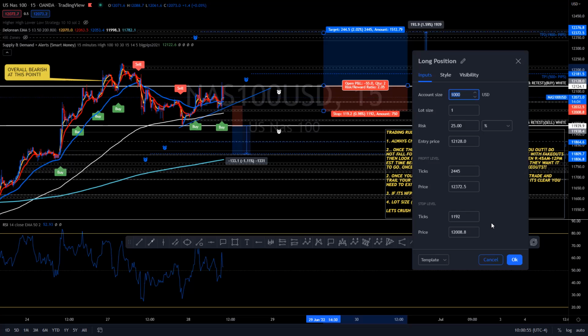Still moving back and forth. Let's see. Pushing up now.